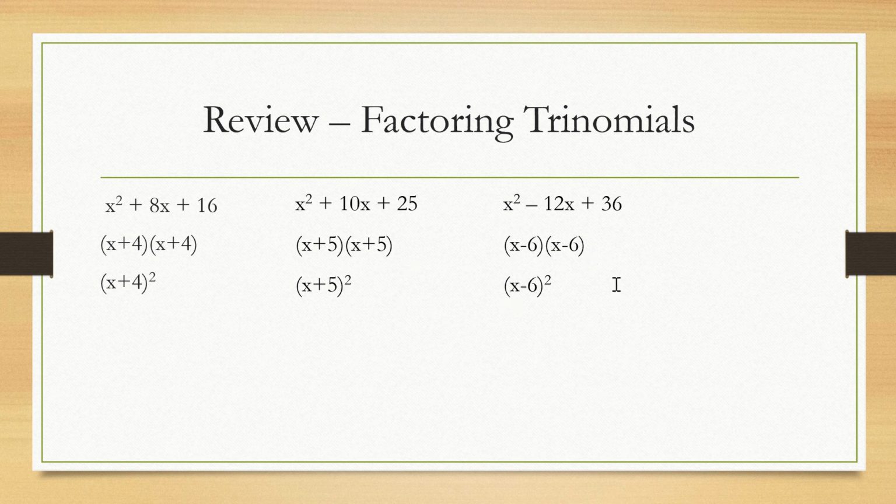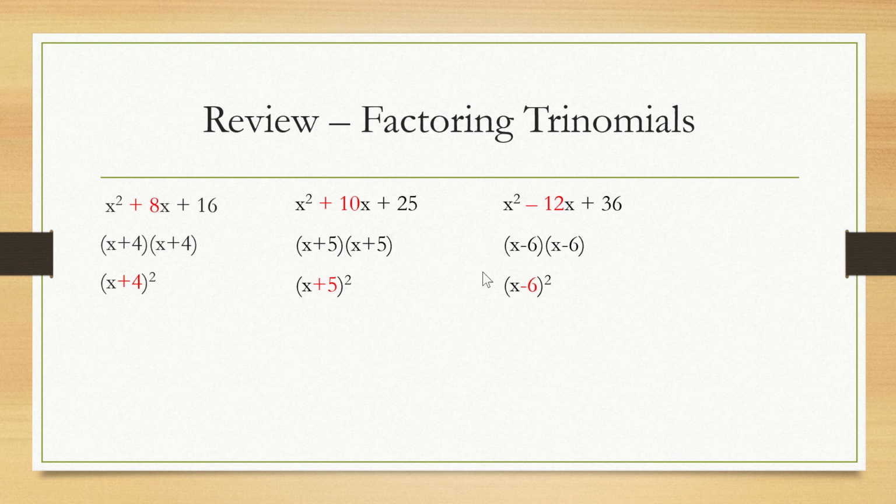And so a nice pattern that you might recognize here to get the factored version a little more quickly is to realize that if you look at these numbers in red, all you have to do is take that middle coefficient and just divide it by 2 to get these numbers down here, right? So 8 divided by 2 is 4, 10 divided by 2 is 5, and -12 divided by 2 is -6.